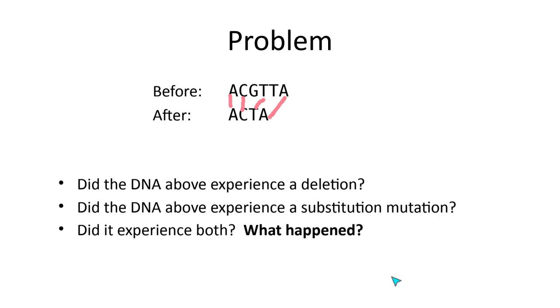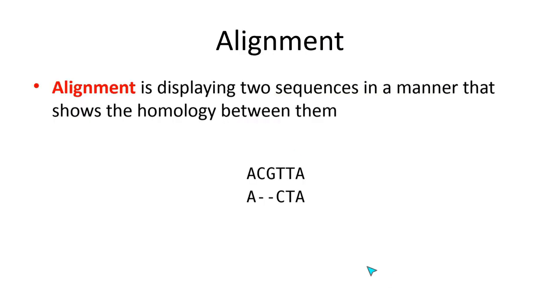What your brain is doing is an alignment. An alignment is where you take one sequence, maybe a before and an after, and you pair it up with another sequence and you make statements about homology. What this alignment is saying is that this A is that A, these two A's are homologous.